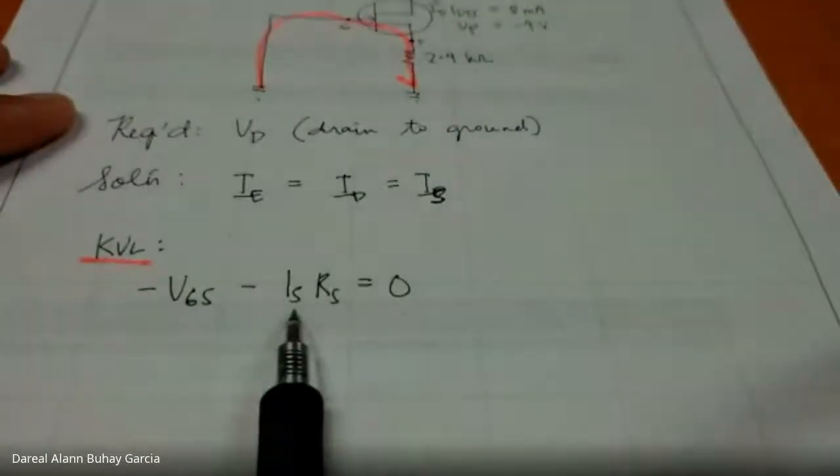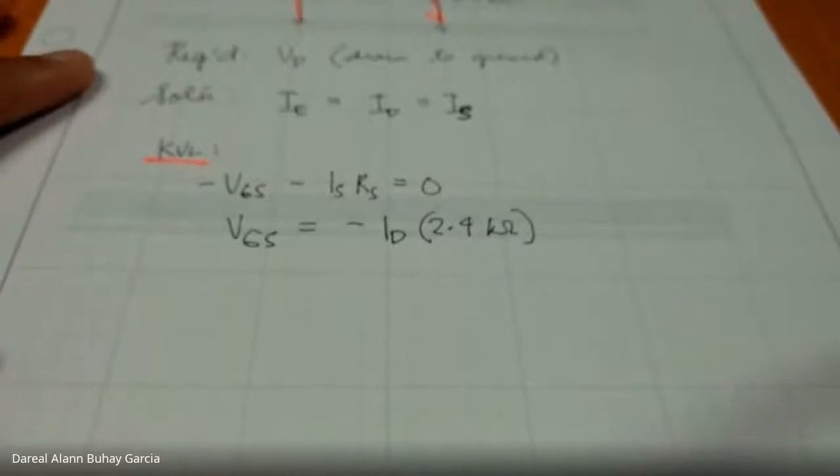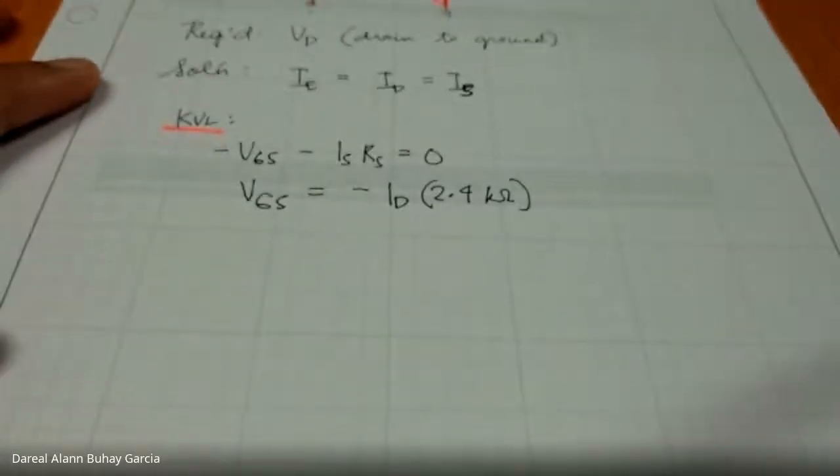But IS is ID, and RS is 2.4 kilo ohms. So, VGS is equal to negative ID times 2.4 kilo ohms, which we will substitute into our Shockley equation.